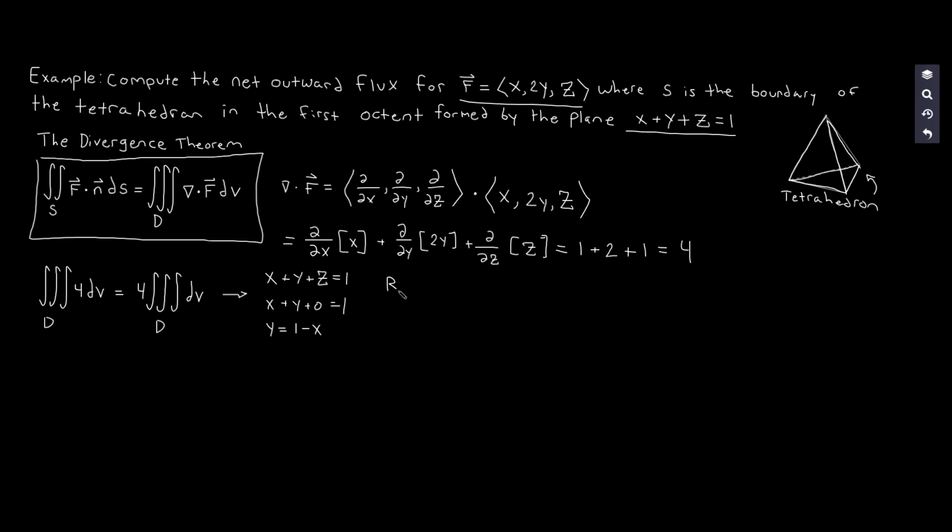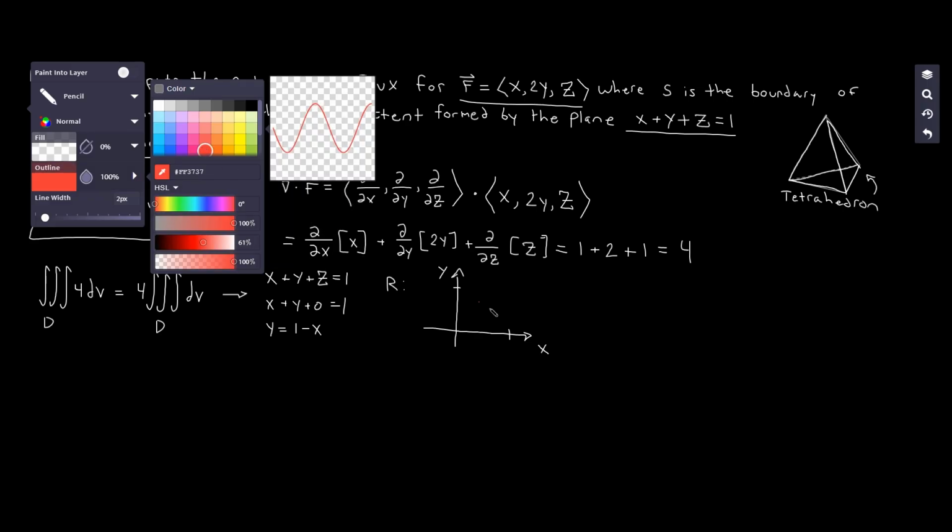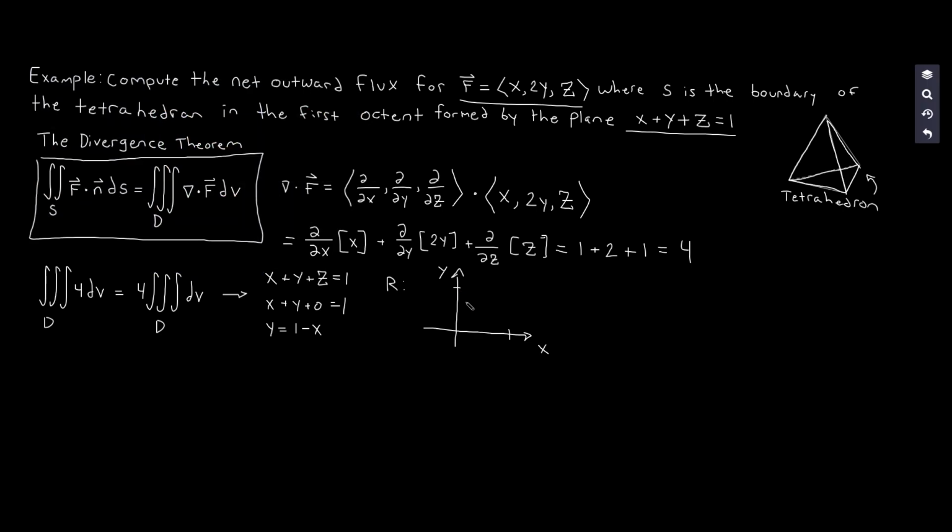Let's look at this graphically. We want to look at this in the xy plane, so we grab our y-axis and our x-axis. I'm going to graph this line, y equals 1 minus x, and it's going to look something like that.